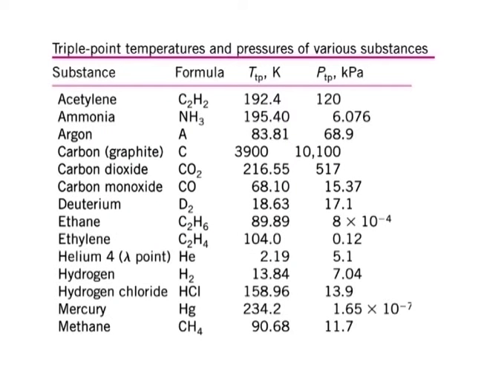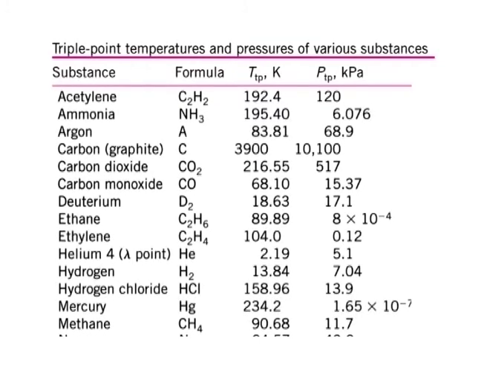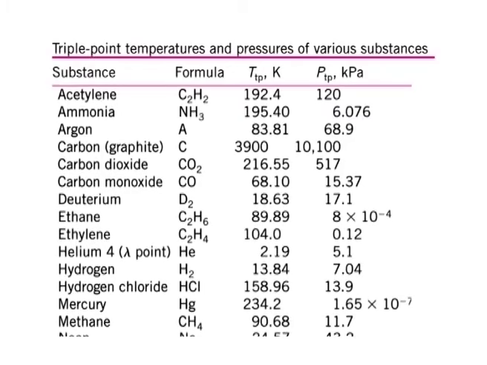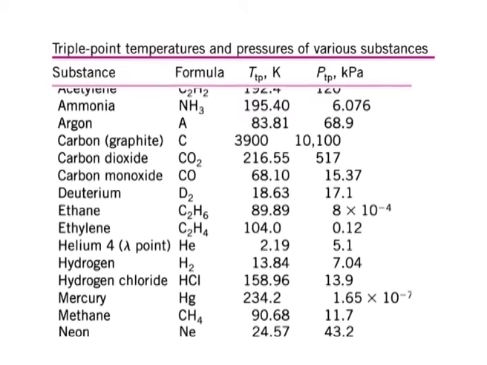The triple point temperatures and pressures of various substances are given in this table. For water, the triple point temperature and pressure are 0.01 degrees centigrade and 0.6117 kilopascal respectively.